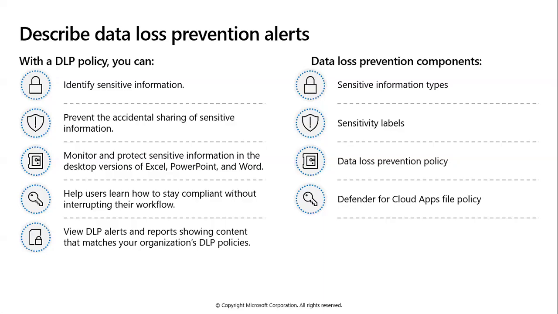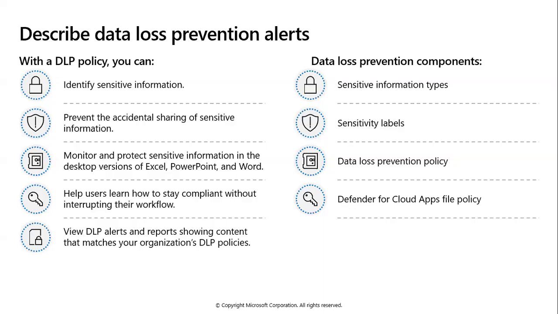Now we are going to discuss data loss prevention components. First one is sensitive information types, sensitivity levels, right? Levels mean low, high, critical. Also we have the data loss prevention policy. We are using a backup policy, you must have heard about backup, right?